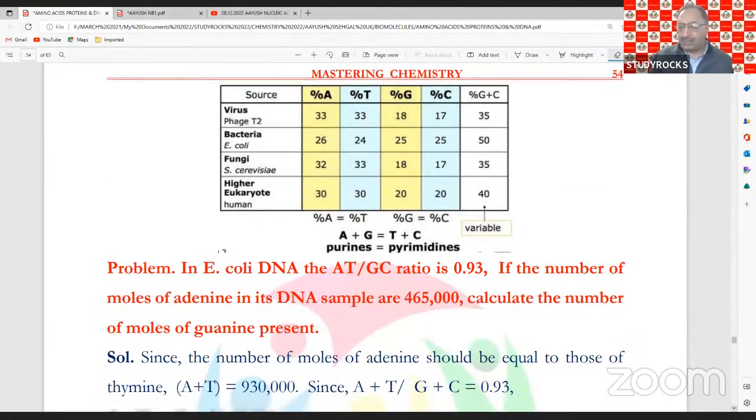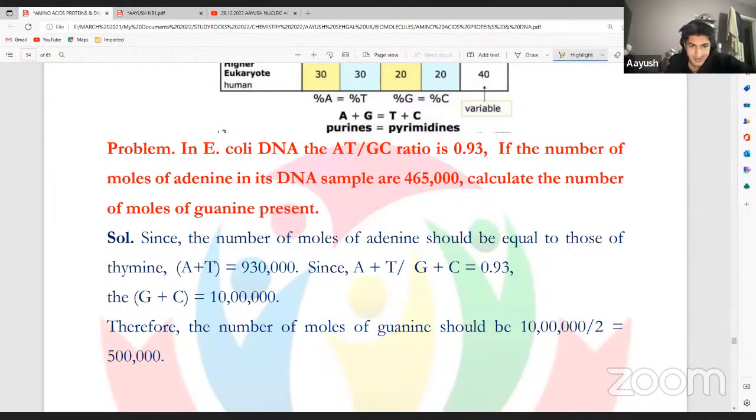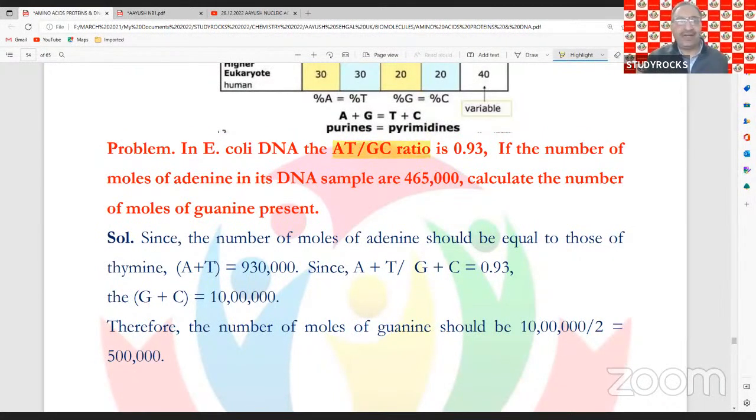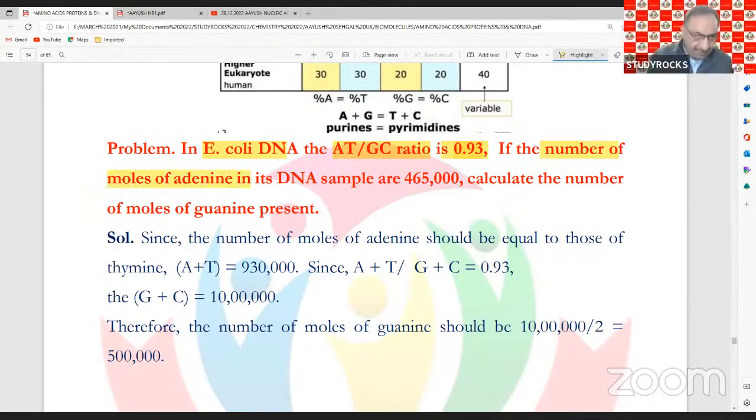And there is one numerical problem, because now it's the chemistry class. Very simple. The AT by GC ratio in E. coli is 0.93. If the number of moles of adenine in its DNA sample is 465,000, calculate the number of moles of guanine.